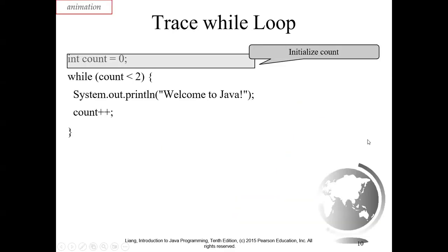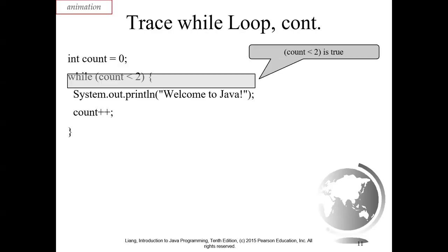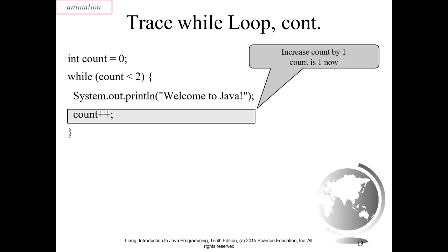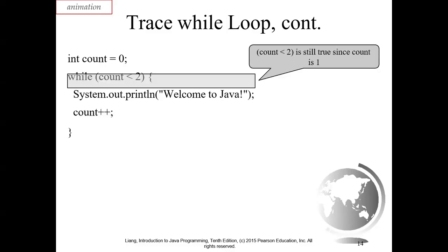So we can trace that. Here we initialize the count, and here the count smaller than 2 is true. And then we output "Welcome to Java", and count does the self-increment. Currently, it will increase to 1. And then the count, which is 1, is still smaller than 2.